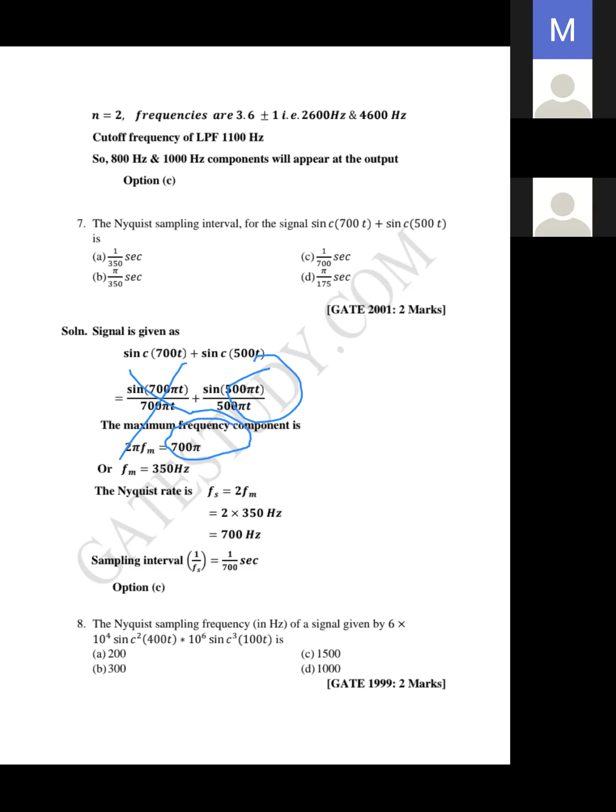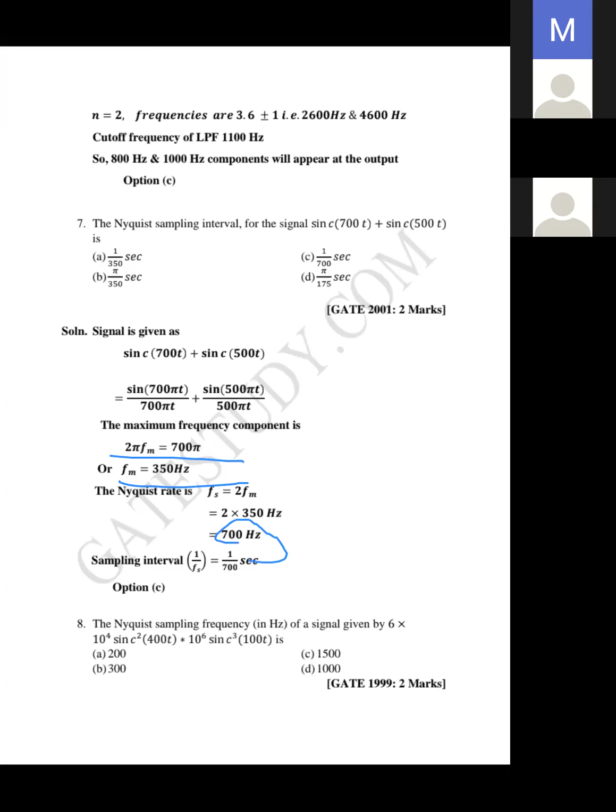That's why we consider the maximum frequency component. Here 2 pi Fm is 700 pi, so Fm is 350, and 2 into Fm gives 700 hertz.